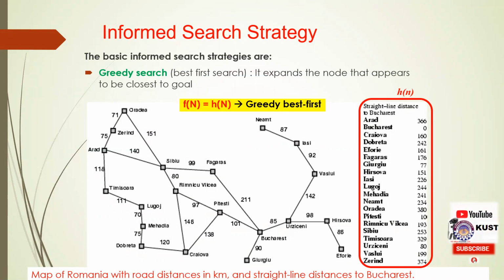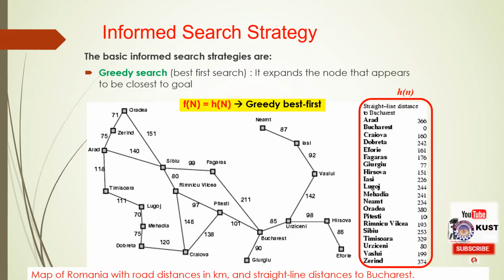As discussed in the route finding problem from Arad to Bucharest, this search chooses the most promising node and not the path, as was the case in the uniform cost search. The uniform cost search chooses the smallest path, whereas the A star algorithm chooses the node which has the smallest cost.